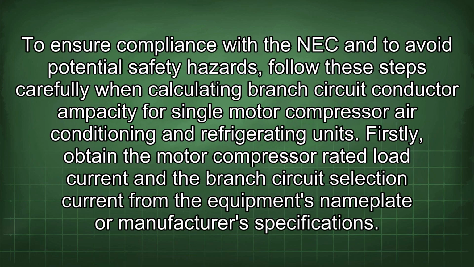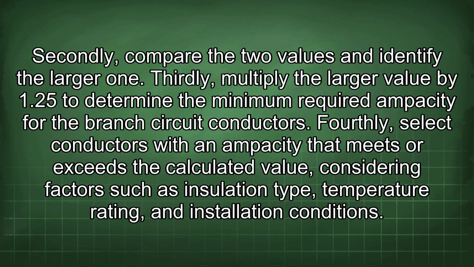To ensure compliance with the NEC and to avoid potential safety hazards, follow these steps carefully when calculating branch circuit conductor ampacity for single motor compressor air conditioning and refrigerating units. Firstly, obtain the motor compressor rated load current and the branch circuit selection current from the equipment's nameplate or manufacturer's specifications. Secondly, compare the two values and identify the larger one.